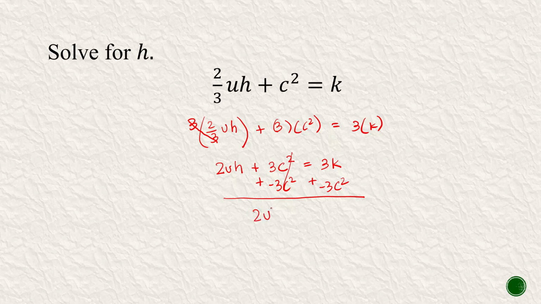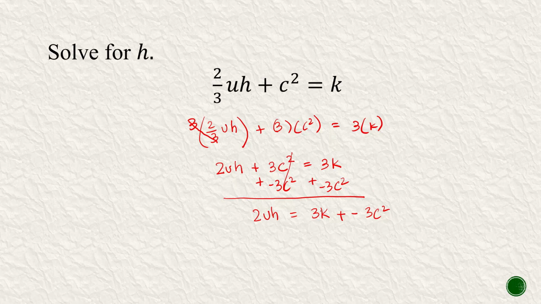So 2uh equals 3k minus, we can do that, plus minus is minus, minus 3c square. If you're not comfortable with that, it can be like this: 3k plus negative 3c square. That's the same. All right?